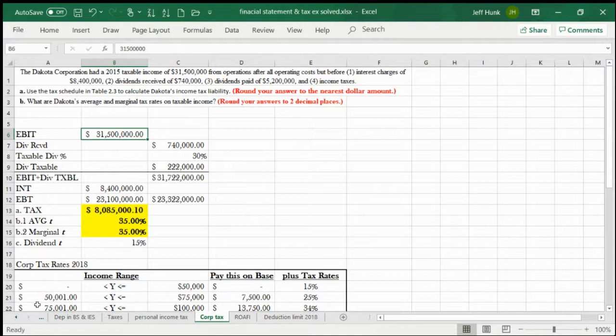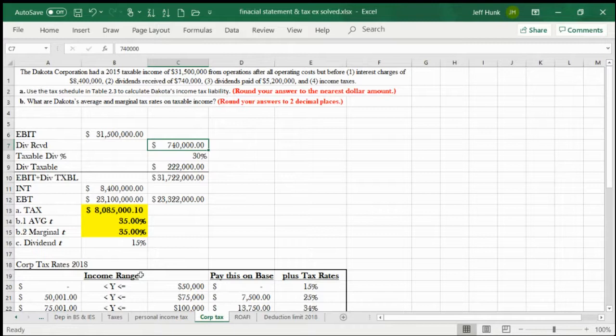So that's EBIT. And it's also saying before interest charges of 8.4 million. So 31.5 million is EBIT. Okay. Now, they also received dividends of 740K.